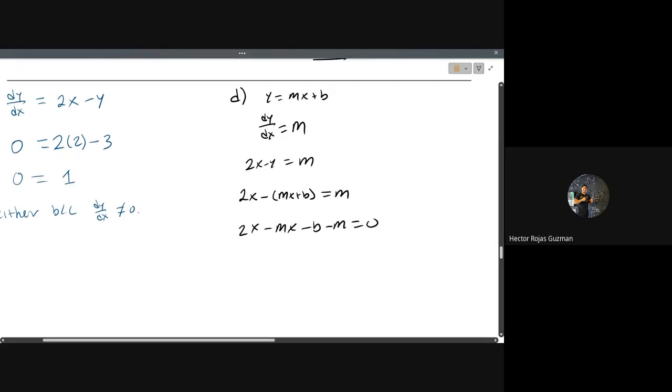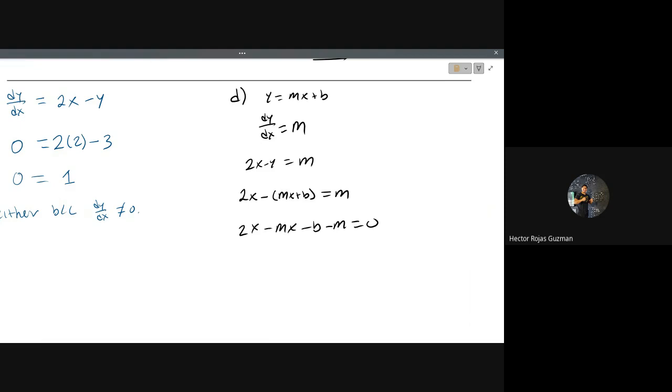So we need values for m and b to make this whole thing equal to 0. Well, look at these guys. They have a greatest common factor. You can factor out an x. And then for the second group, we can factor out a negative. Again, we need both of these groups to be 0.